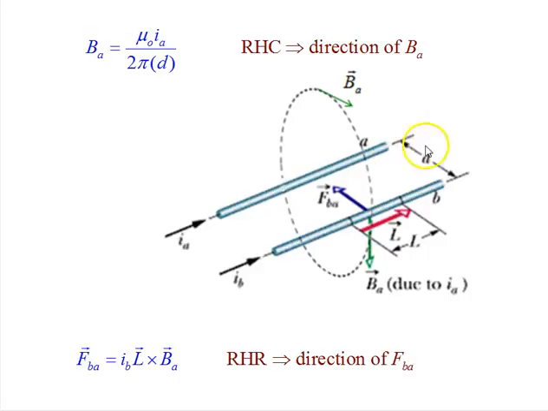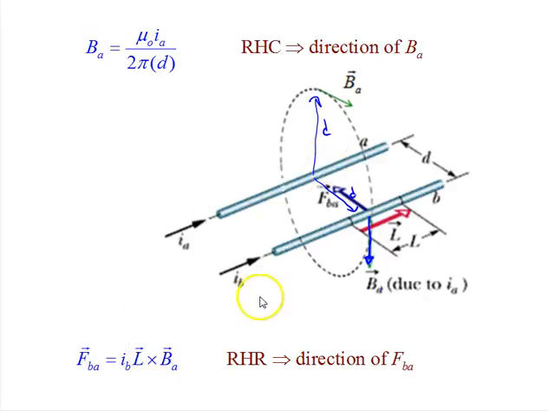So if we look at the distance d, since that's the distance between these two wires, if we look at the radial distance d from this magnetic field loop, we see that the magnetic field at wire B will be pointing in the downward direction as shown here, and that will be the magnetic field BA produced by wire A.